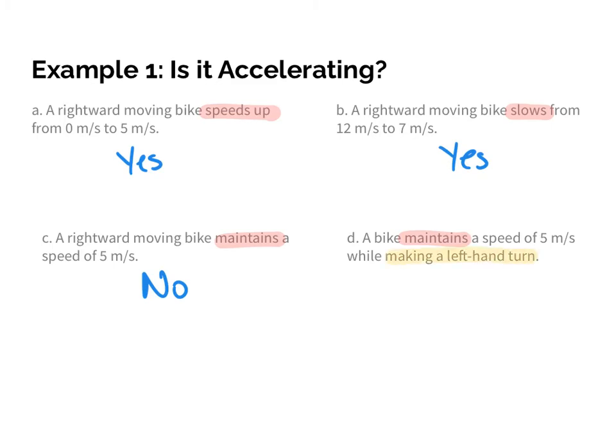So this would be a case in which your direction is changing. So this would actually be a yes, because it is a change in direction. That means your motion is changing. So again, anytime your motion is changing, speed up, slow down, or change direction, that means you have an acceleration.